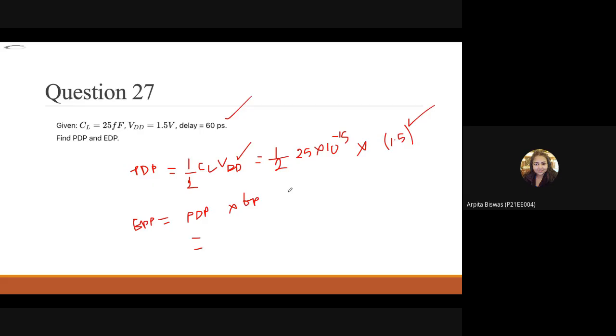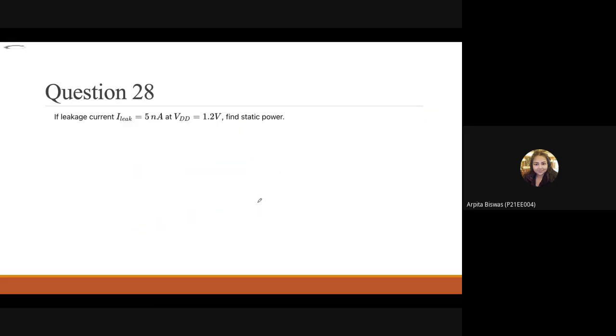Tell me the value. What is the value of this PDP? 156.27. Yes, 156.27. Whatever value we are getting for this PDP, just multiply with this 60 PS. Okay. So next we move toward question number 28.